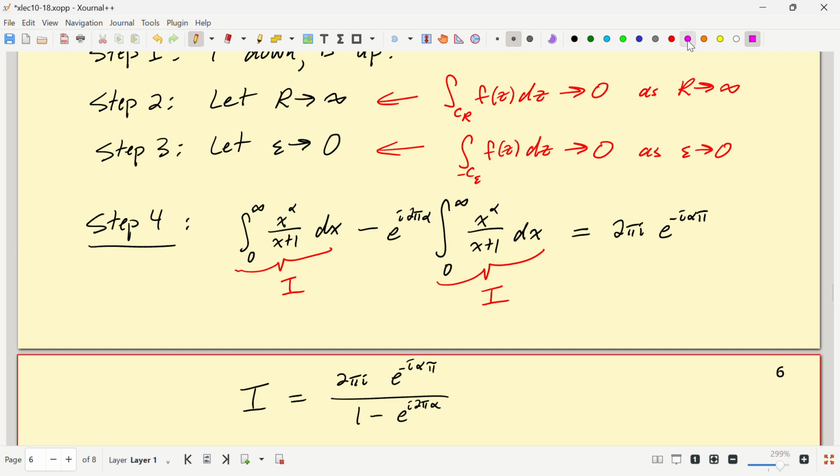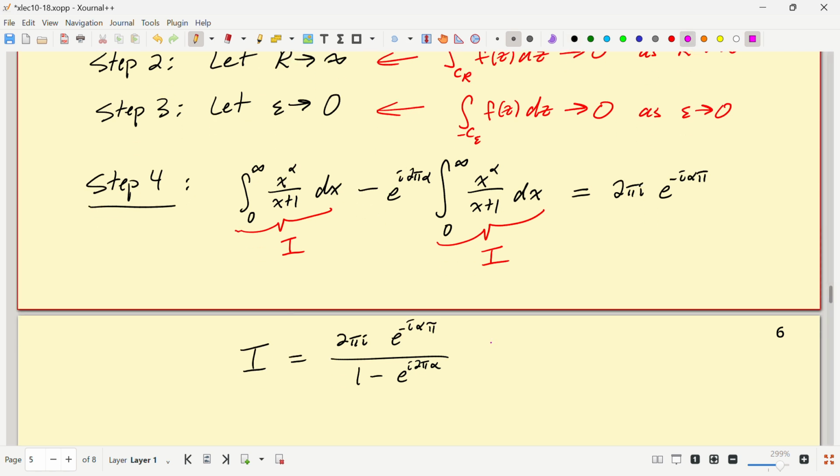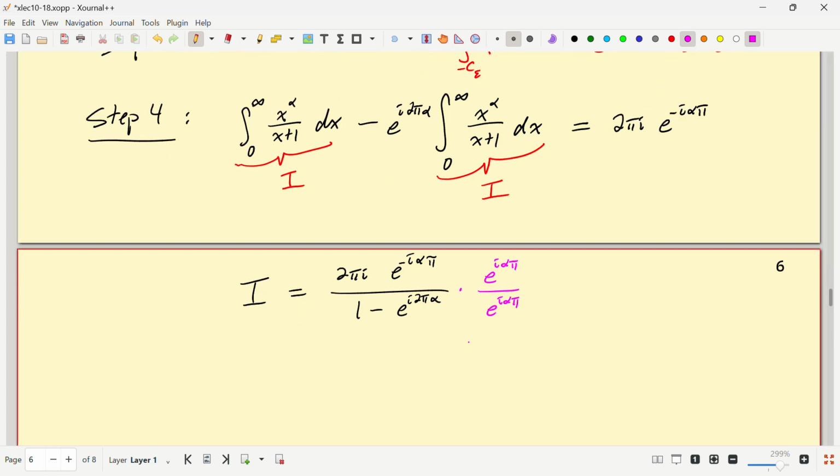And you can calculate that pretty easily if I multiply by e to the i alpha pi over e to the i alpha pi. When I do that, I like the pi in front, so I'll put that there, and I like the 2i because it looks like sine, so I'll leave that 2i up there. And on the bottom, I get e to the i alpha pi.